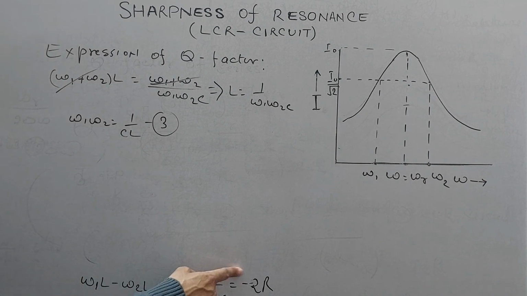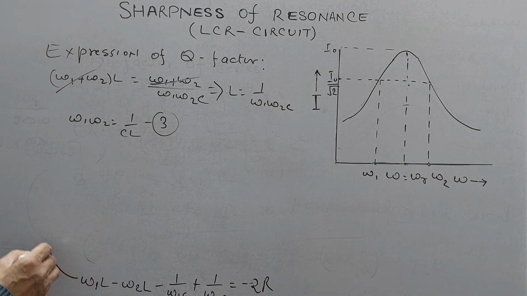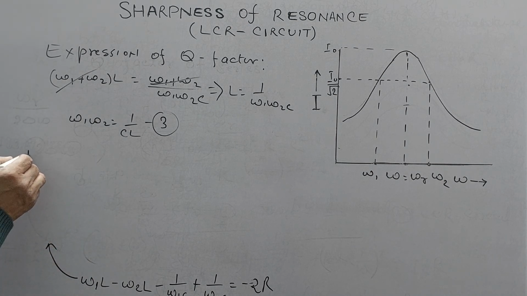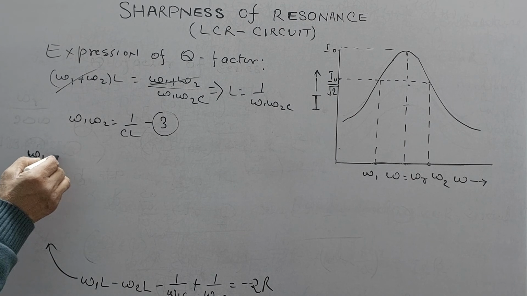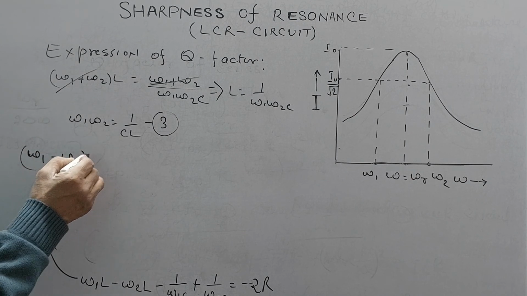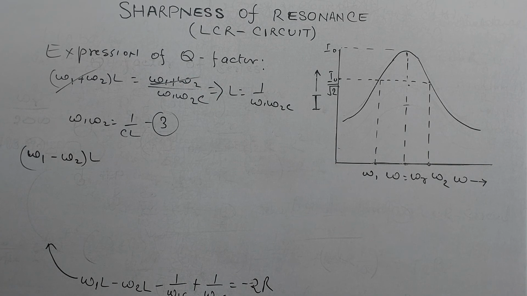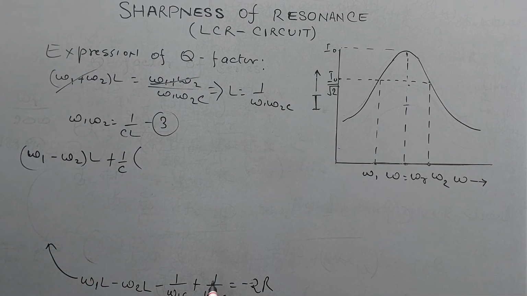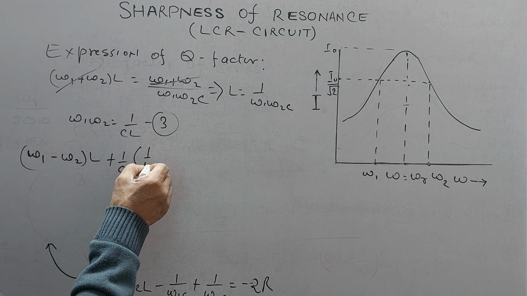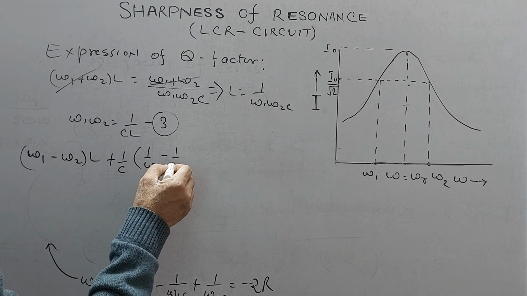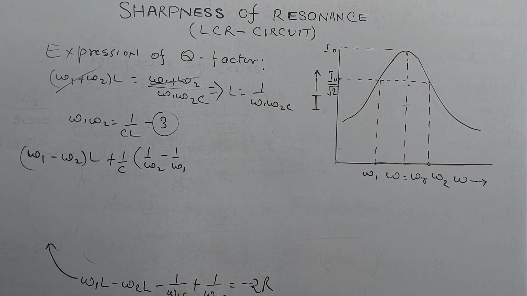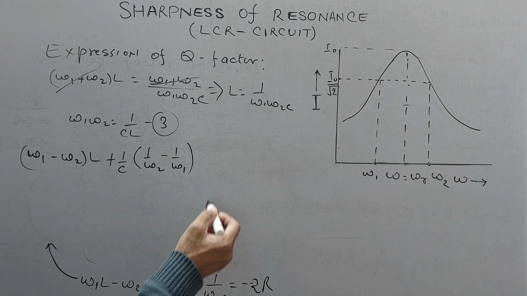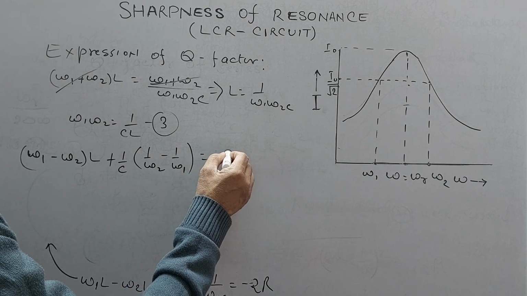Now from this expression, if I take L common, it comes out omega 1 minus omega 2 outside, will be L, and taking 1 by C common from here, plus 1 by C. Inside of this, 1 upon omega 2 minus 1 upon omega 1 is equal to minus 2R.